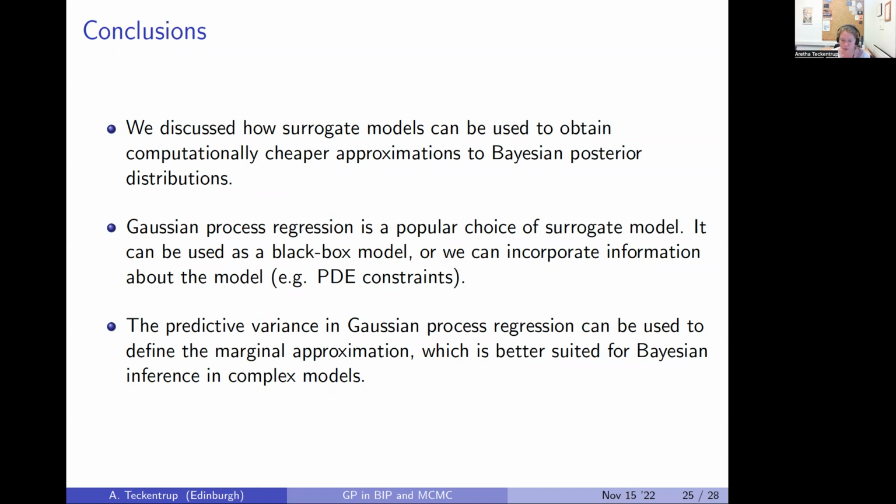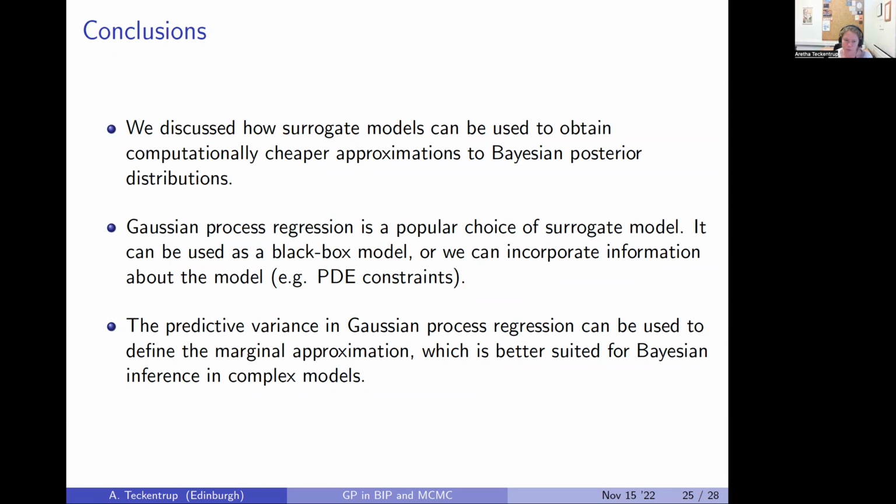In particular, we focused on how we can use the predictive variance, this Kn, the variance in the Gaussian process regression, to define this new marginal approximation, which is usually better for Bayesian inference, rather than just using the mean-based approximation where you ignore the error in the surrogate model. Right.